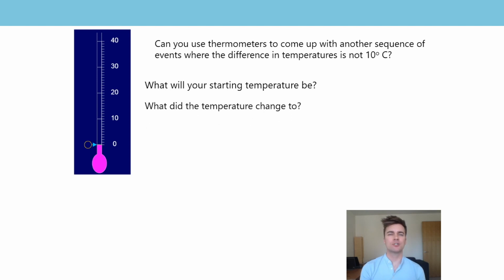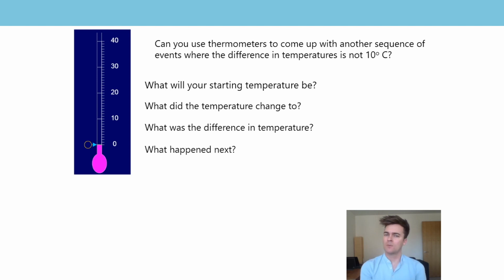What did the temperature change to? And what was the difference then between your starting temperature and your next temperature in your sequence? What happened next? Did you keep the same difference as you made another temperature change? And what happened after that?